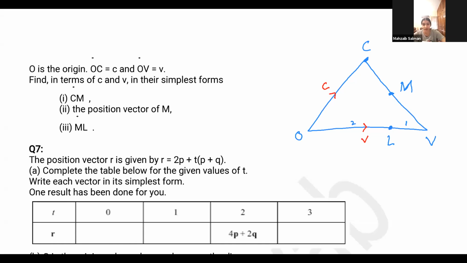Sir, I thought OC is equals to C, but it's equals to C. So vector OC and VC are not parallel. If that is vector C, then this is not vector C. They are neither parallel nor equal. Parallel and equal is what makes it C.